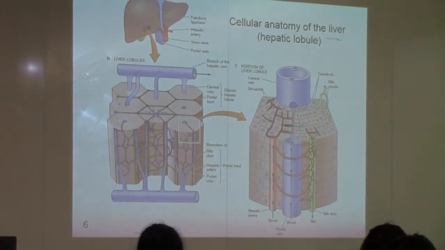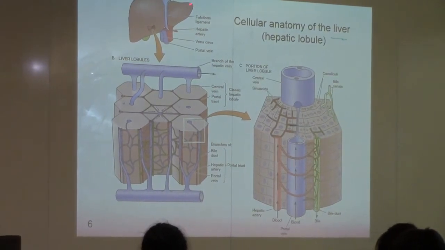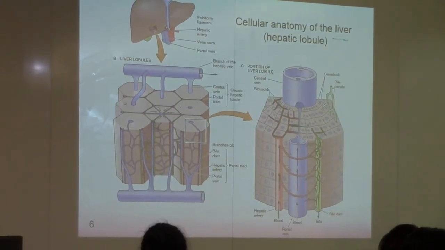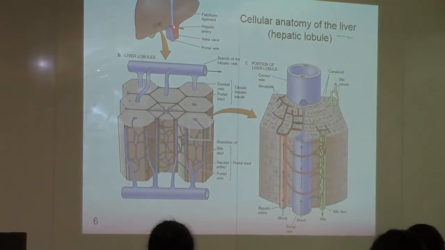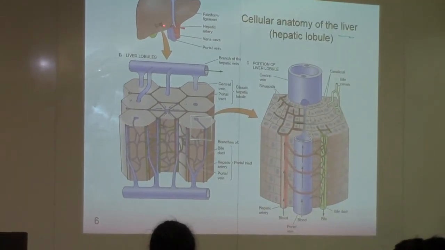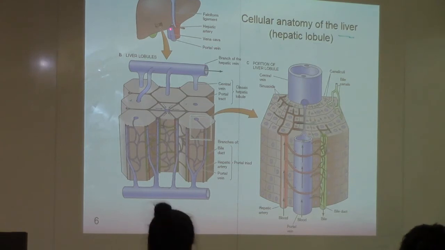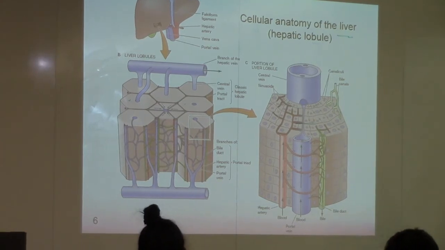So, here's the liver. You know the name of the ligament. Most of you got this right, the falciform ligament. Here is the hepatic artery feeding arterial blood to the cells of the liver. And here is the portal vein feeding venous blood to the liver.